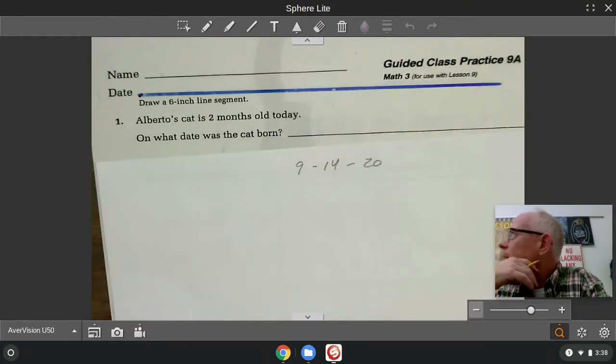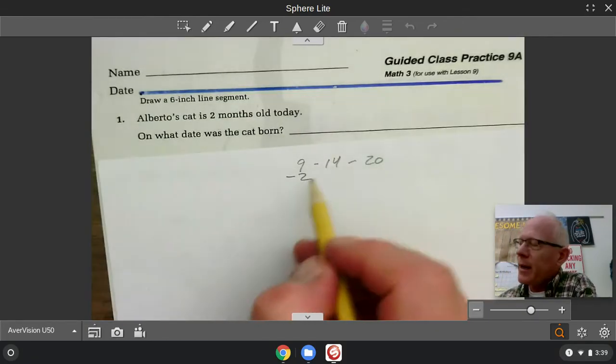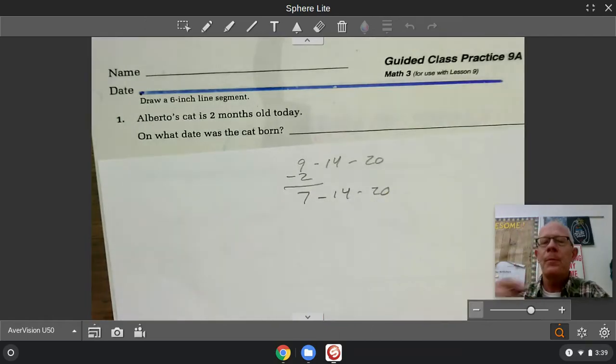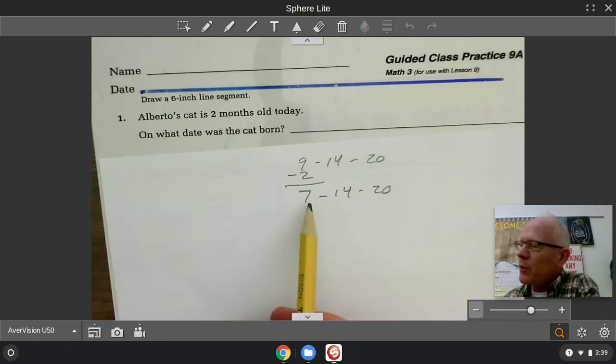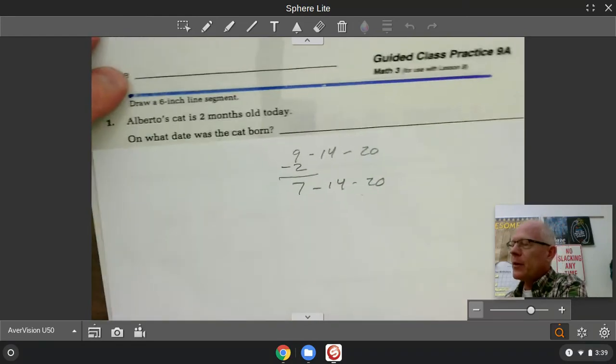So if that is today, 9/14/20, what was it 2 months ago? Well, we subtract 2 from the 9. That means 7/14/20. And what's the 7th month? January, February, March, April, May, June, July. So he was born on July 14th, 2020. That's what you'd write up there. Next one.